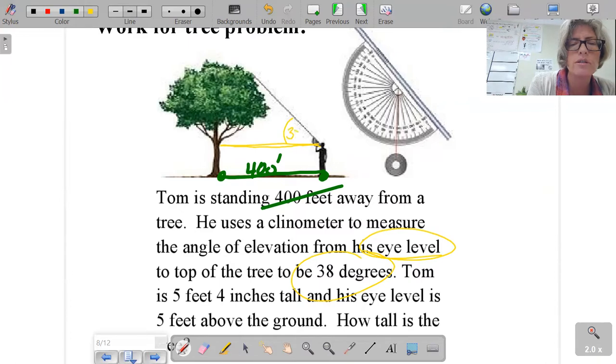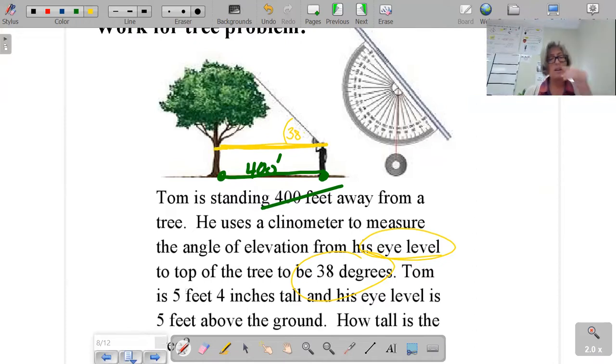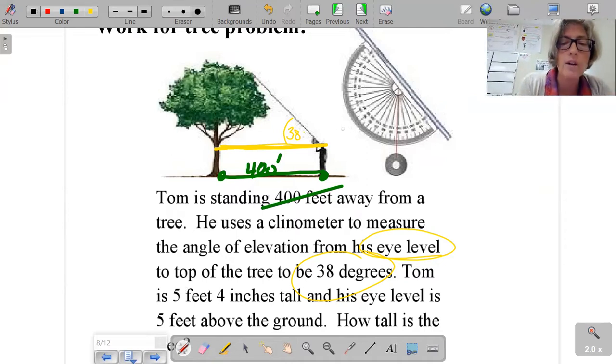Watch out for this. What I'm about to do might be an issue of extra credit next week. Pay attention. Tom is 5 feet 4 inches tall. So his entire height is 5 feet 4 inches.